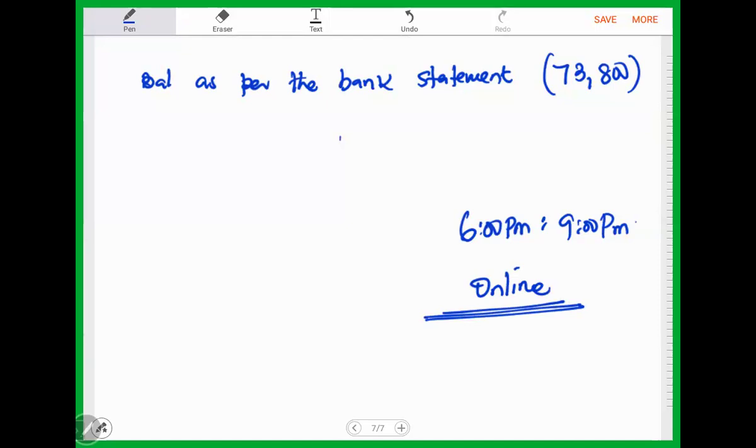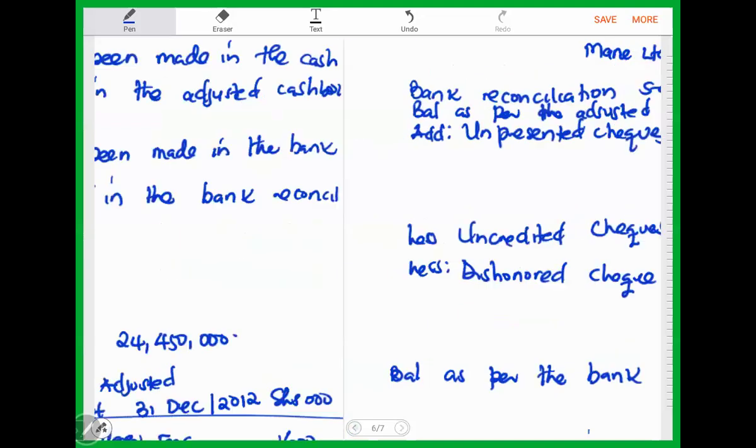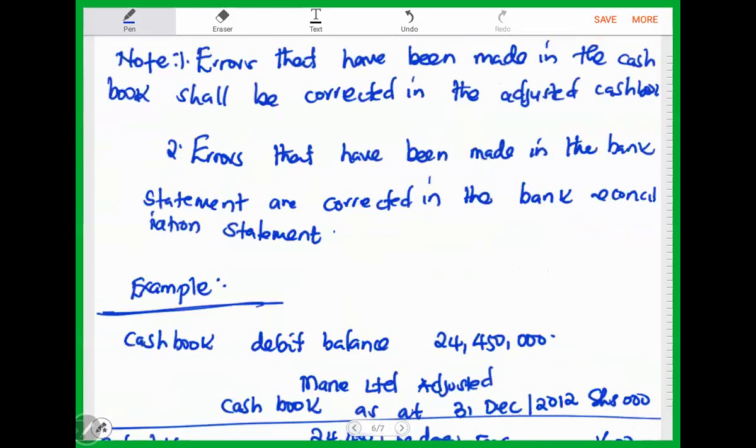I don't know whether my question is clear. In the second format, you said you add uncredited checks. But in the first format, you said you less uncredited checks. So which one were we using? That is the first one. Here. We were using this one here.